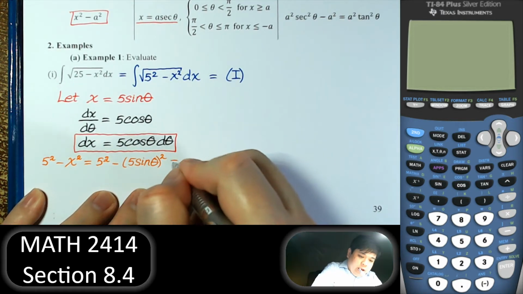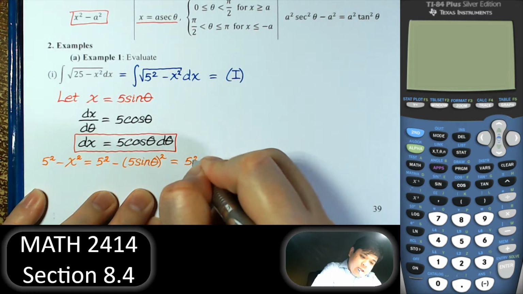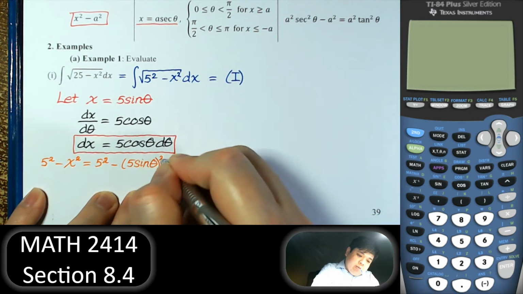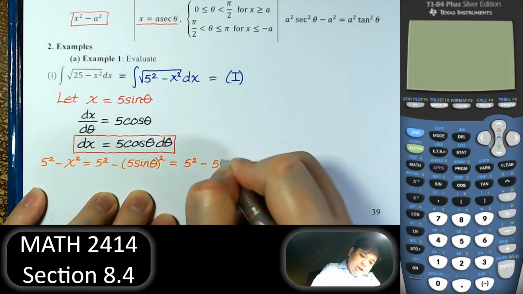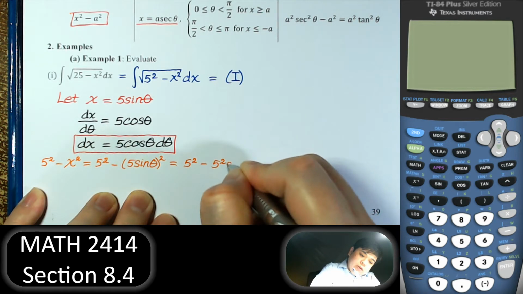So we'll have 5 squared, and then the square goes to the 5 and goes to the sine theta.